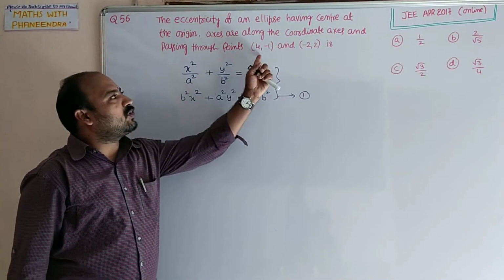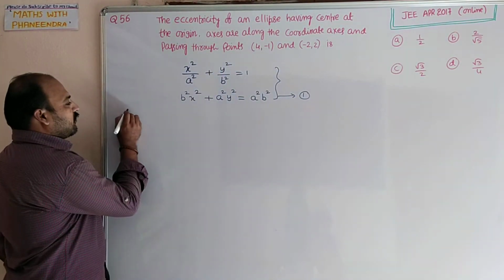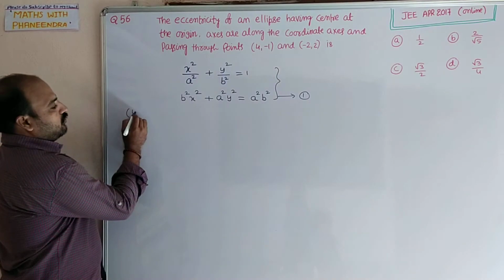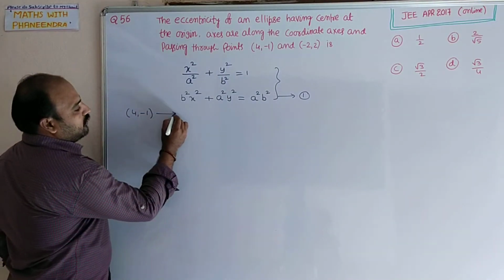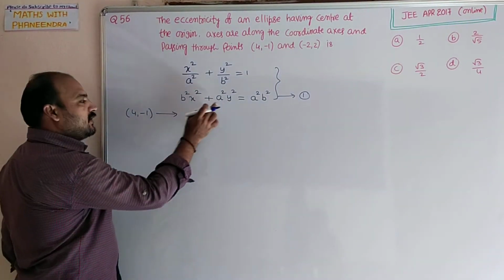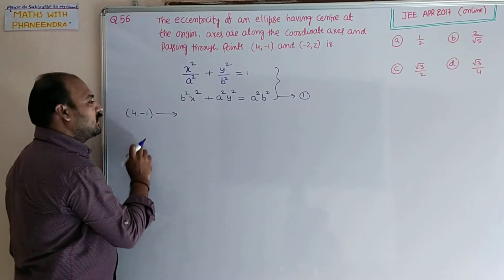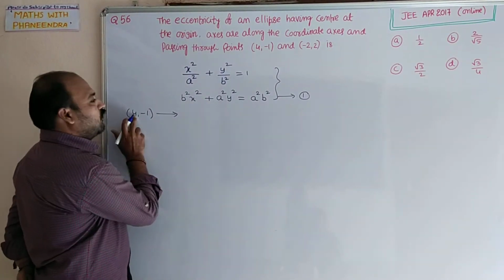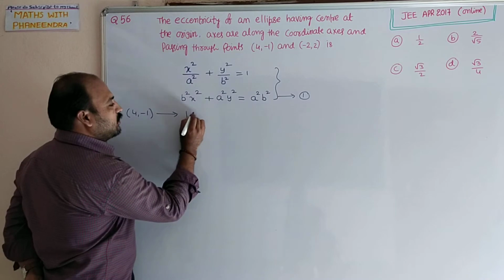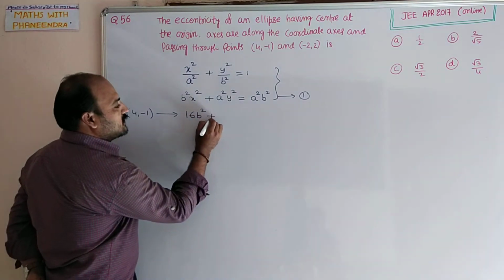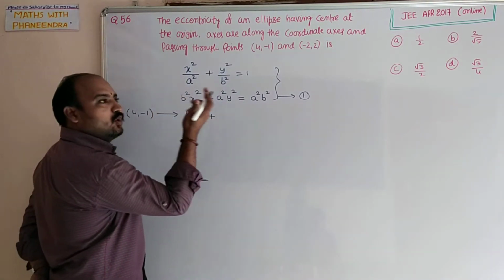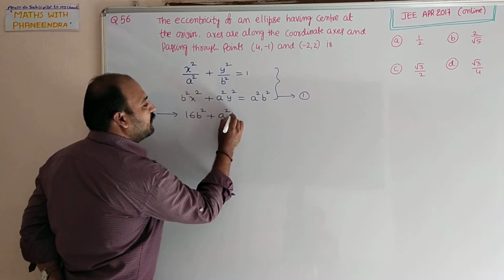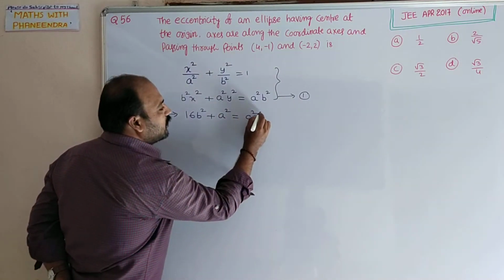Equation 1 passing through the first point. In place of x comma y, substitute 4 comma -1. So it becomes 16b square plus a square is equal to a square b square.